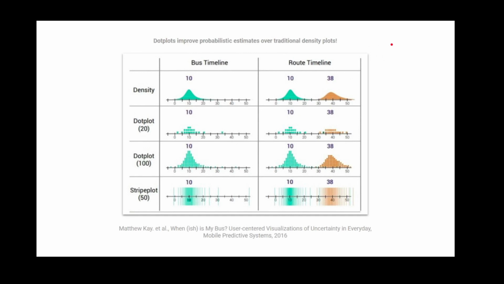So one thing Matthew Kay showed in one of his papers, and this is actually a theme in many other papers on this topic, is that you can improve how well people perform at estimating probability densities, like here in the first, where I'm just pointing, by sampling a few dots to make a dot plot. You can take only 20 dots, and because now you have discrete examples that people can count, they're much better at estimating how likely it is that their bus will arrive.